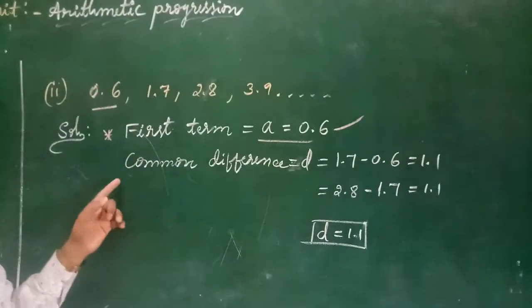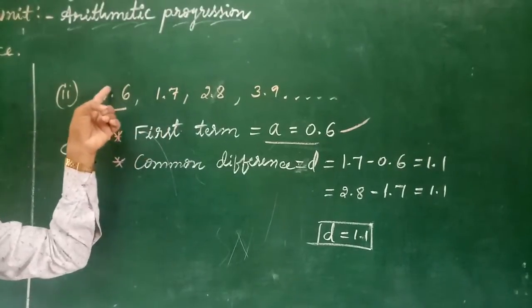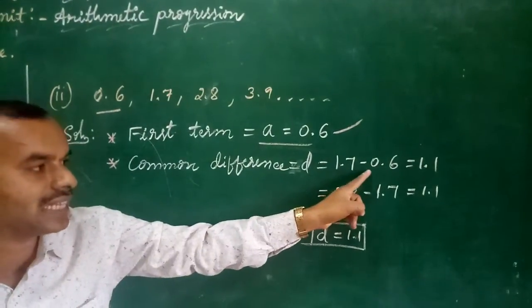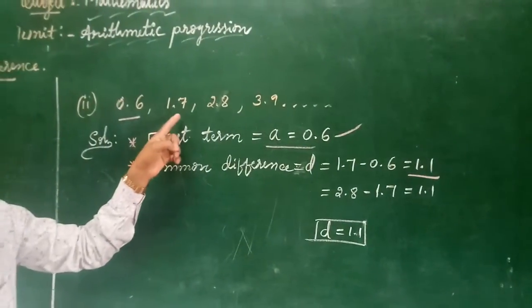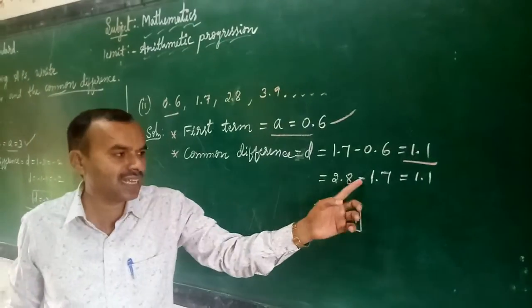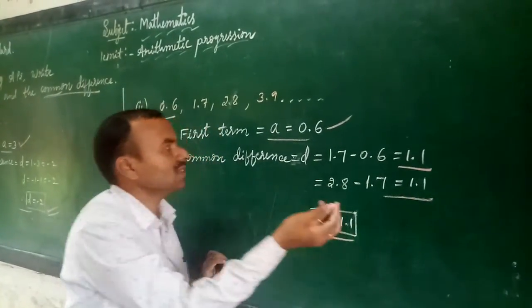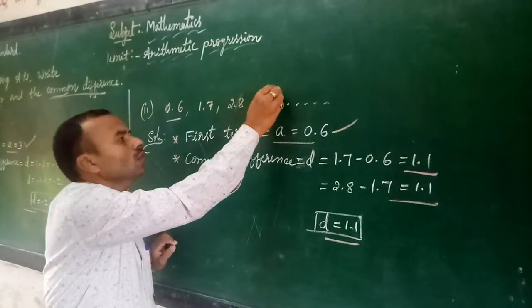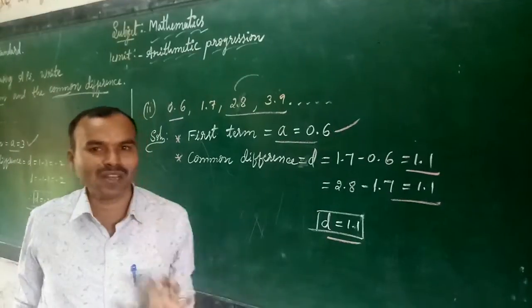Similarly, the common difference D, second term minus first term, 1.7 minus 0.6, the difference is 1.1. Third term minus second term, 2.8 minus 1.7, is 1.1. The difference is constant. If you take the fourth term minus the third term, the difference is also 1.1.